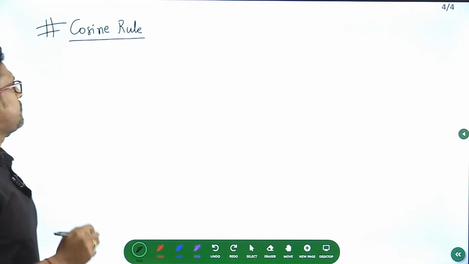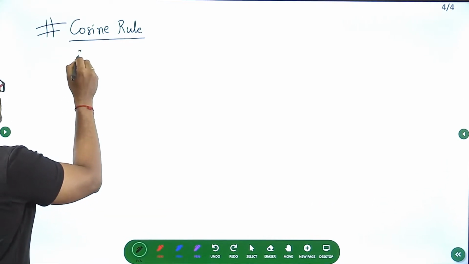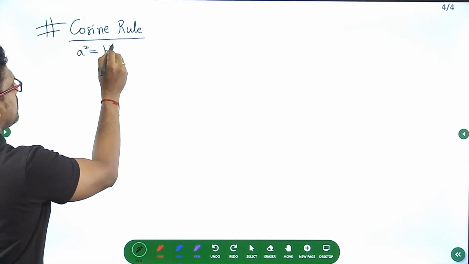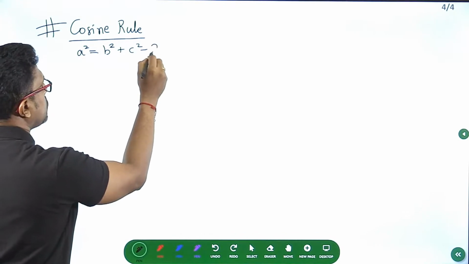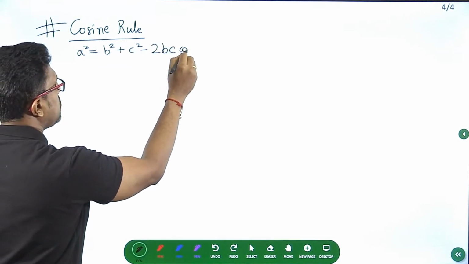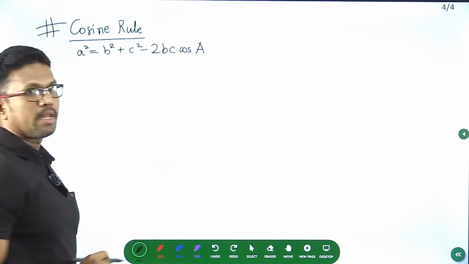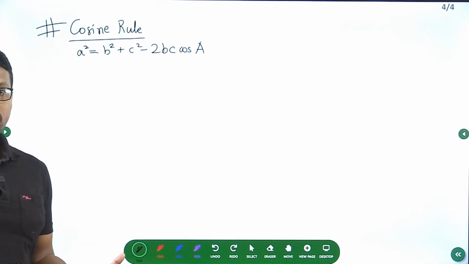Okay. So first of all we will write the statement. So a square equal to b square plus c square minus 2b into c cos a. So this is the formula a square equal to.